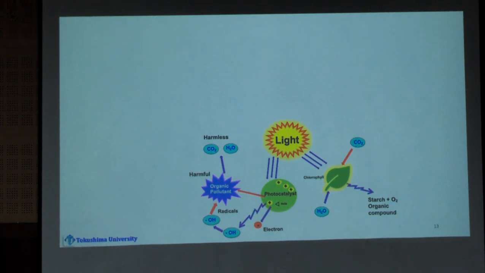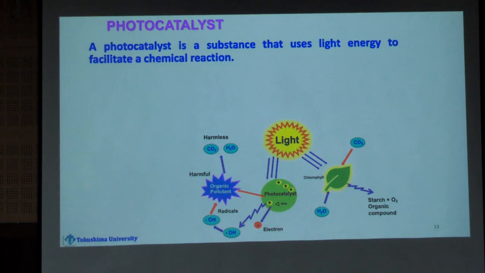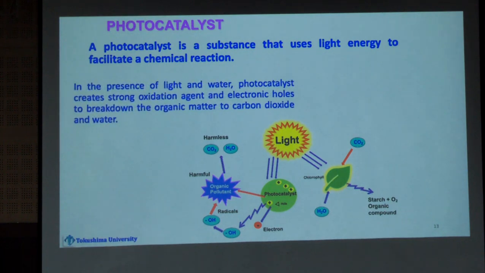There is chlorophyll which assists this photosynthesis process. A similar concept is used in photocatalysis, because in photocatalysis we are using a photocatalyst. In photosynthesis there is chlorophyll which helps create the oxygen.